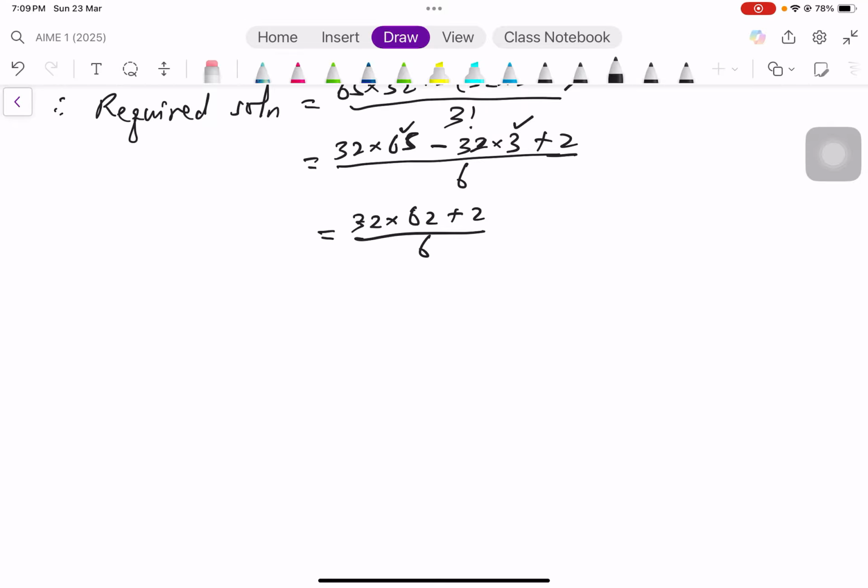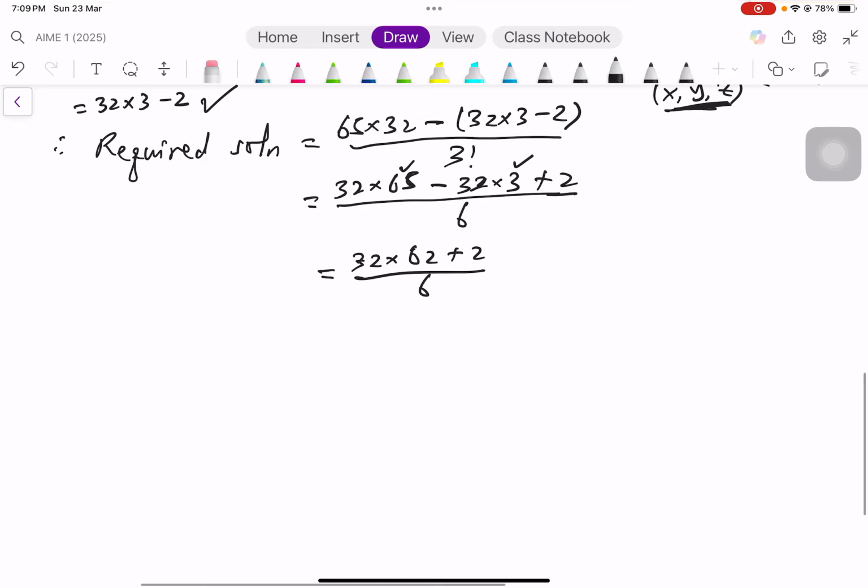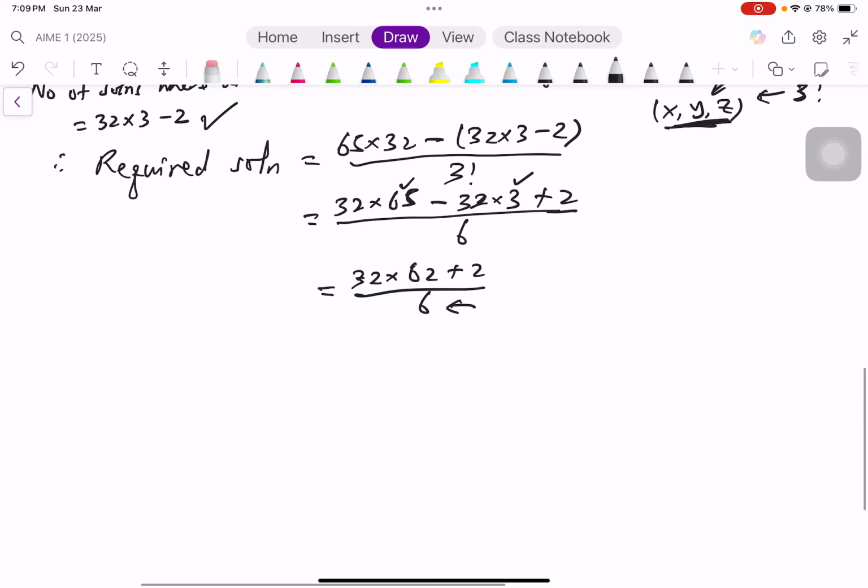Because you want to divide by 6, I can split this into 32 times 60 and then plus 32 times another 2. That means your 62 is split into 60 and 2, and then plus 2.